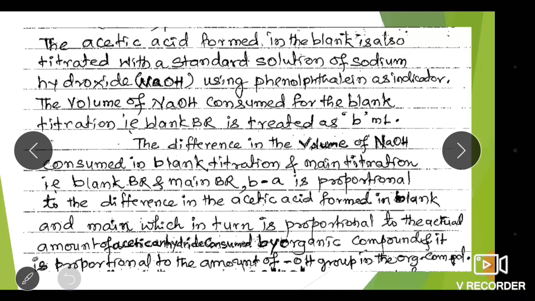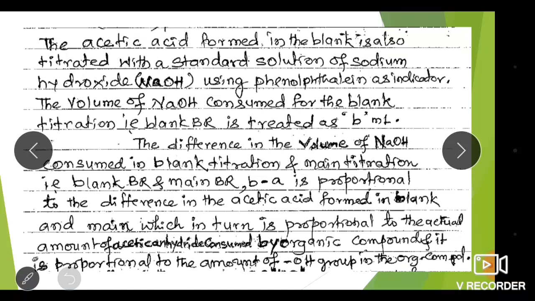The difference in the volume of NaOH consumed in the blank titration and the main titration, that is the sample titration, B minus A, is proportional to the difference in acetic acid formed in the blank and main, which in turn is proportional to the actual amount of acetic anhydride consumed by the organic compound, and it is proportional to the amount of OH group in the organic compound.